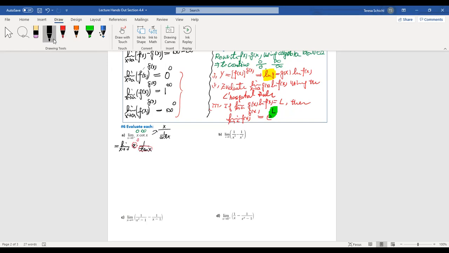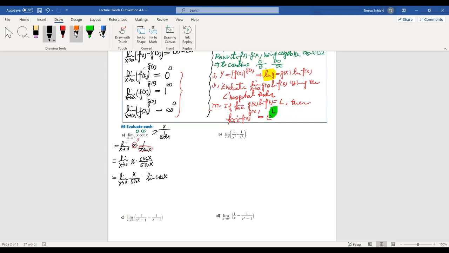Also, you can say this is the limit as x approaches 0 of x, and you can change tangent to sine x over cosine x. So this is the limit as x approaches 0 of x over sine x, times the limit of cosine x.